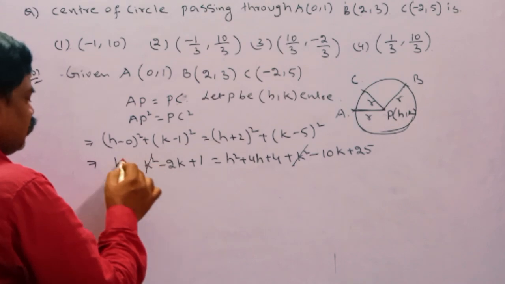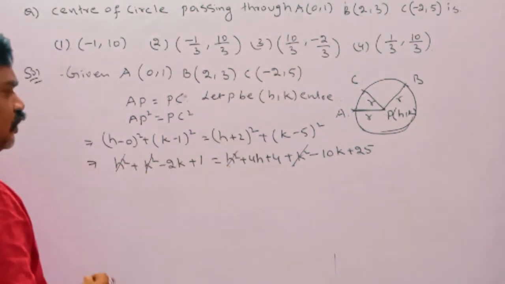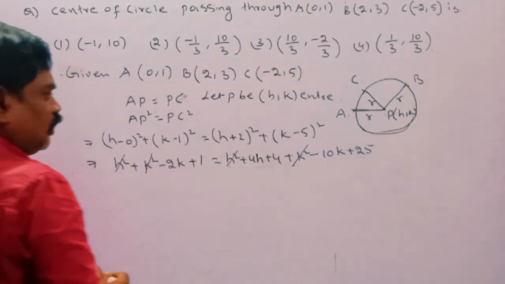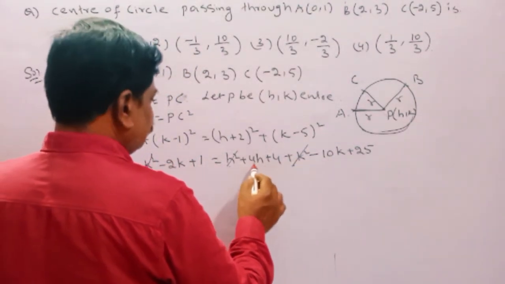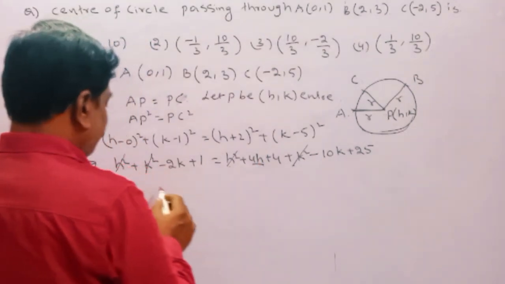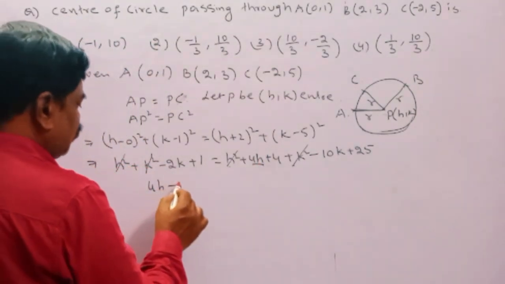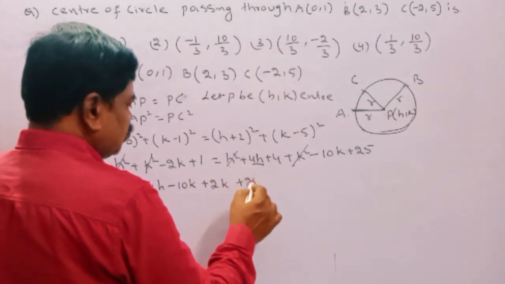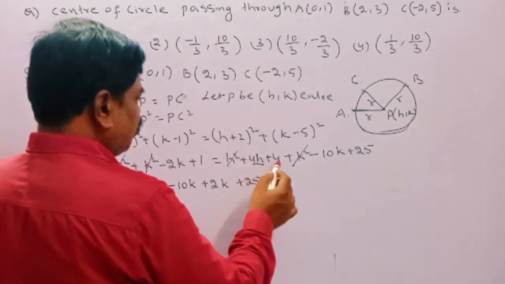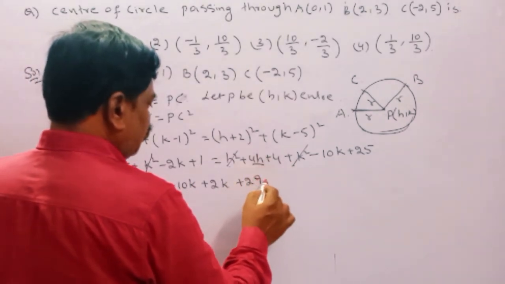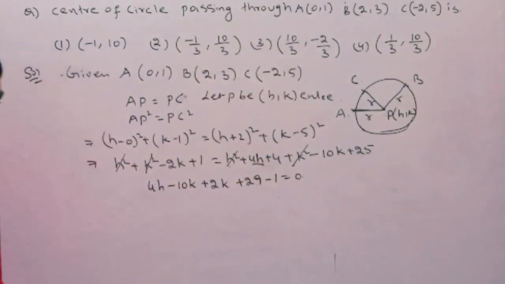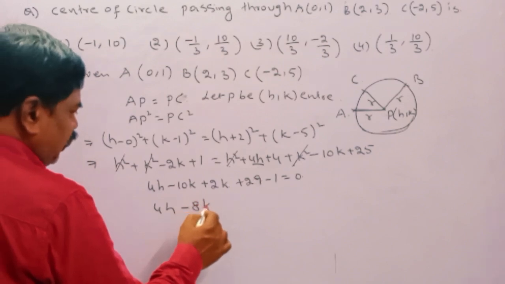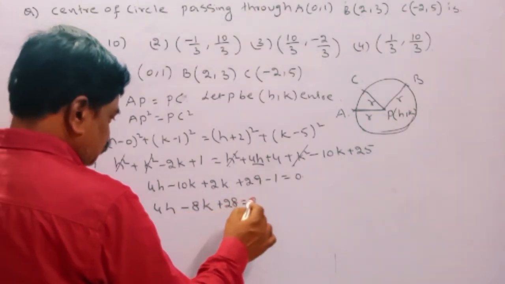K square cancels, H square cancels. Then you can take everything to one side: 4H minus 10K plus 2K plus 25 plus 4 is 29, 29 minus 1 equal to 0. So this is 4H minus 8K plus 28 equal to 0.